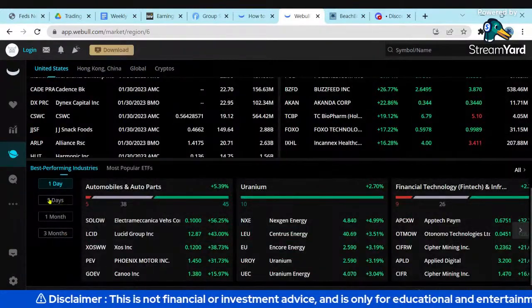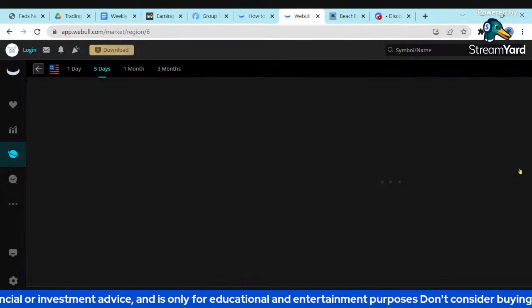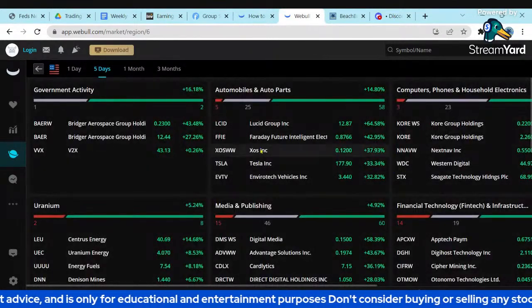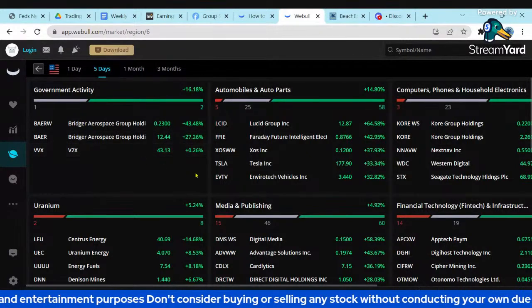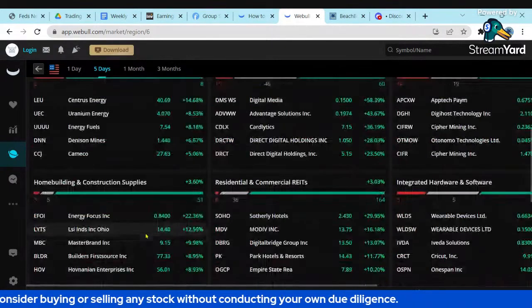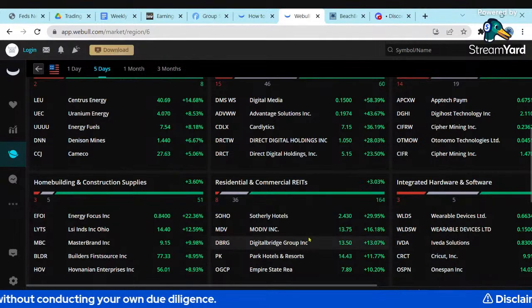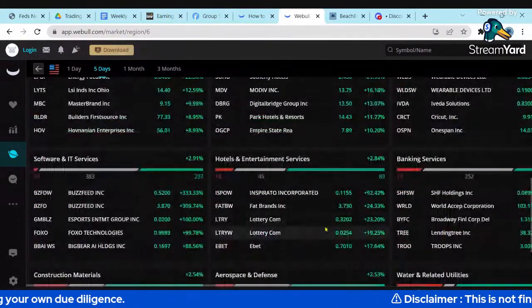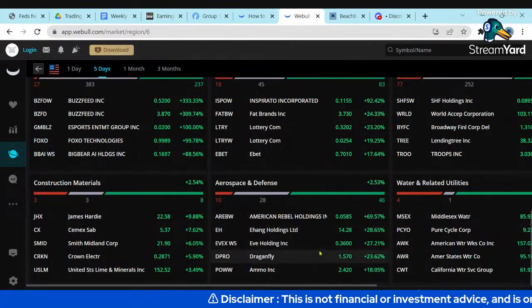So we'll look at the best performing industries for the week. Government, so some aerospace, automotive was positive. Again, uranium's been positive. Home building and construction was actually positive. REITs, again, real estate, entertainment, aerospace and defense was slightly positive.